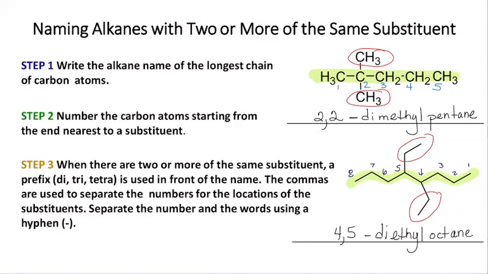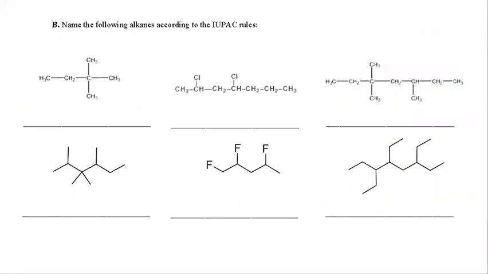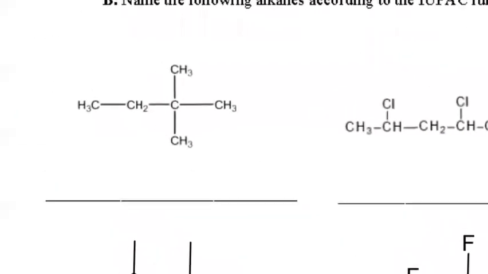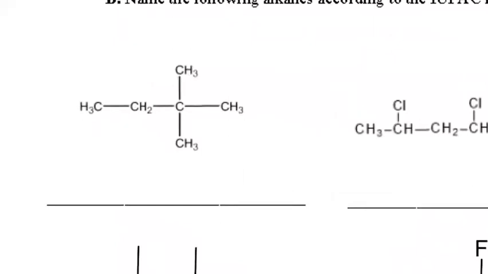Let's practice naming alkanes with 2 or more of the same substituent. Let's look at the first one. Four carbons in the longest carbon chain. So I know that my last word is going to be butane.